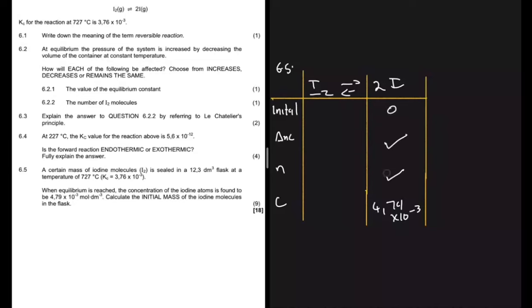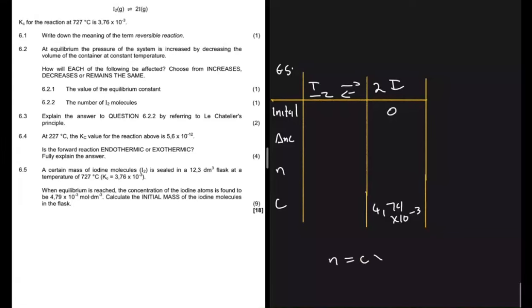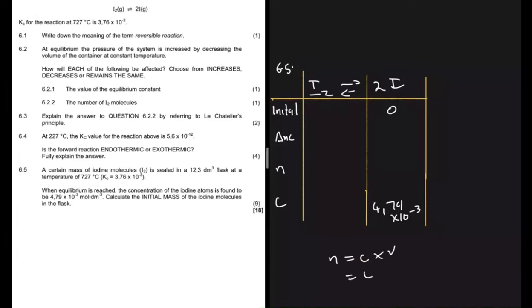So now we're going to say the number of moles is equal to the concentration multiplied by the volume. What is the concentration? It's given as 4.79 times 10 to the minus 3, and then we're supposed to multiply it by a volume of 12.3. So if we do that, we're going to get 0.058917, right?